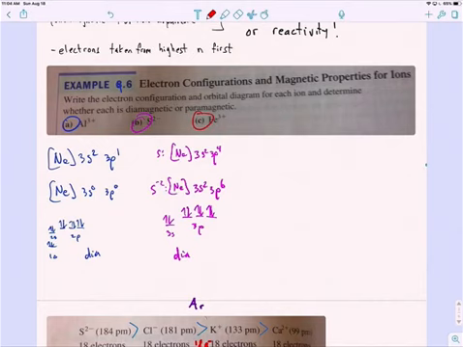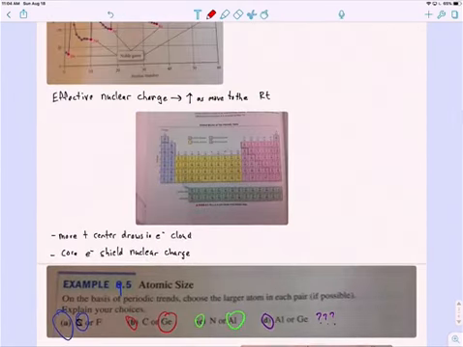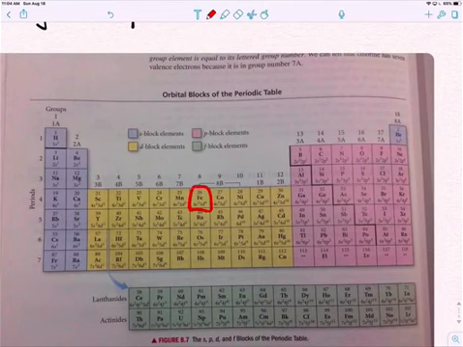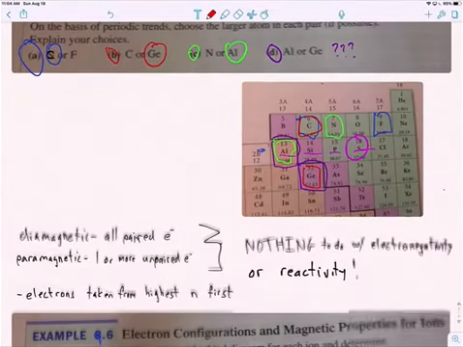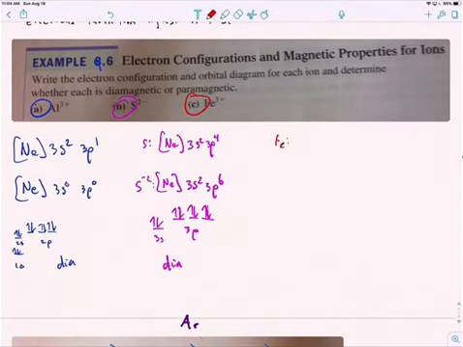So iron +3. Iron as is, where is iron? Iron is right here. So it's argon, 4s2, 3d, 1, 2, 3, 4, 5, 6. So iron is argon 4s2 3d6. And then the highest n first, so if this is plus 3, we're going to lose 3 electrons.